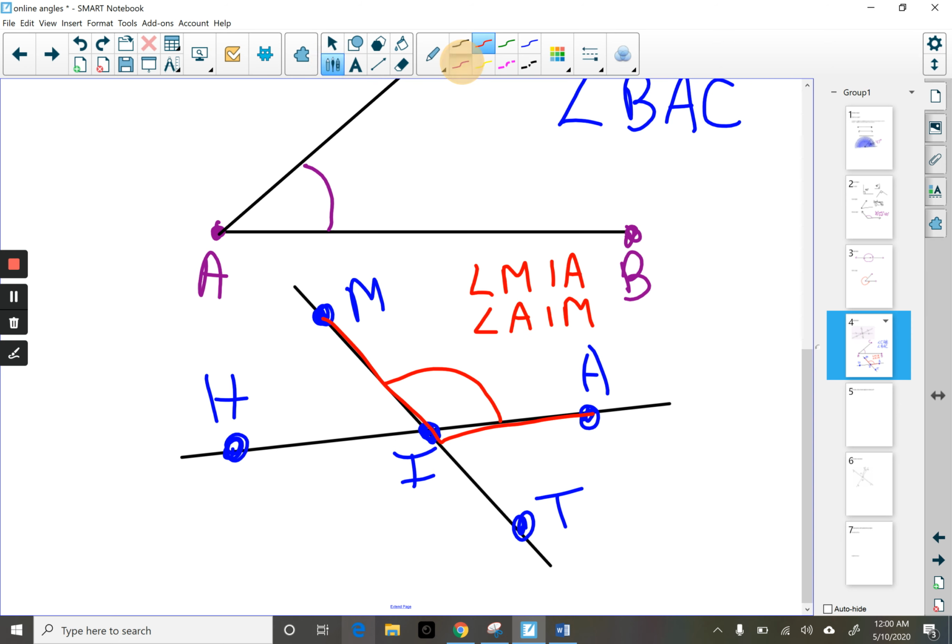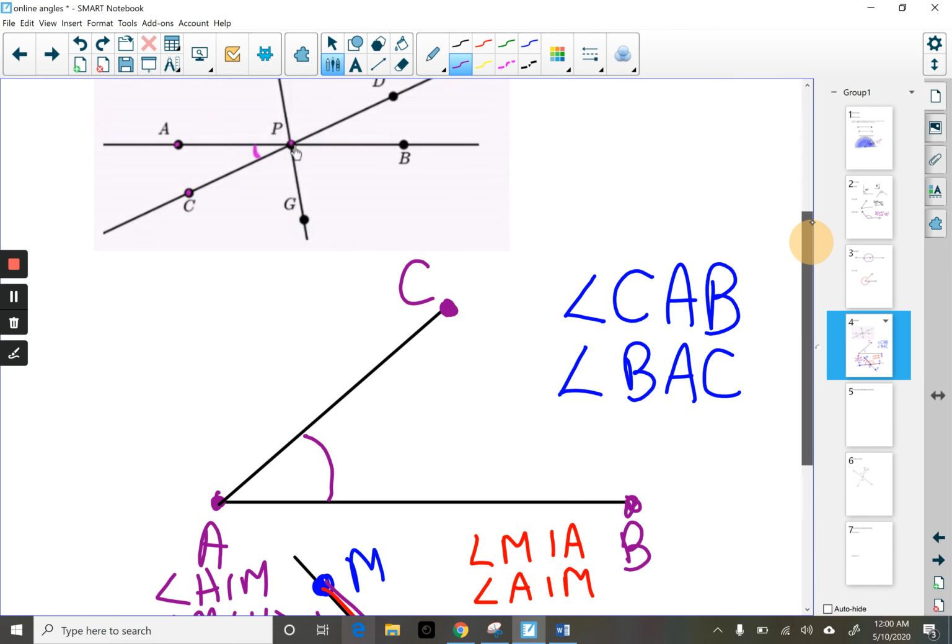Okay, and maybe just one more looking at this example I have here. Maybe this one is angle HIM. In any angle, the I is going to be in the middle because the I represents the vertex.